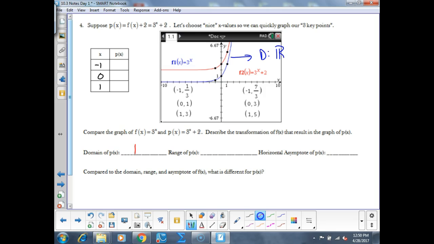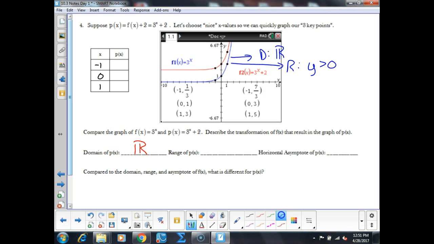That stays the same. The range of the blue is y is greater than 0, but the range now, because it was a vertical shift, the range of the red graph is y is greater than 2.